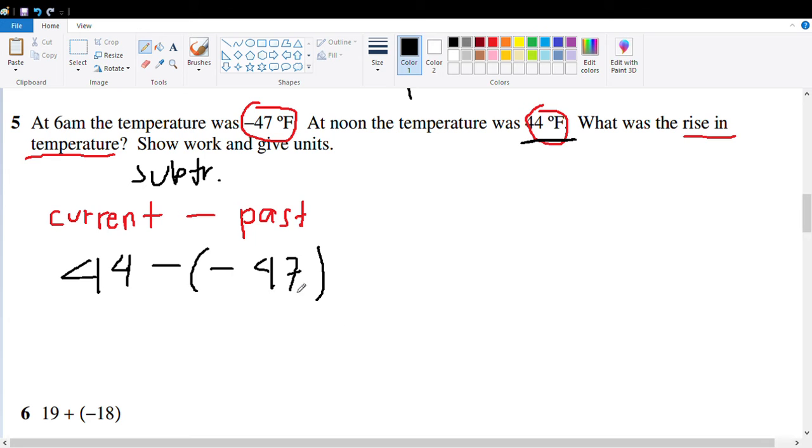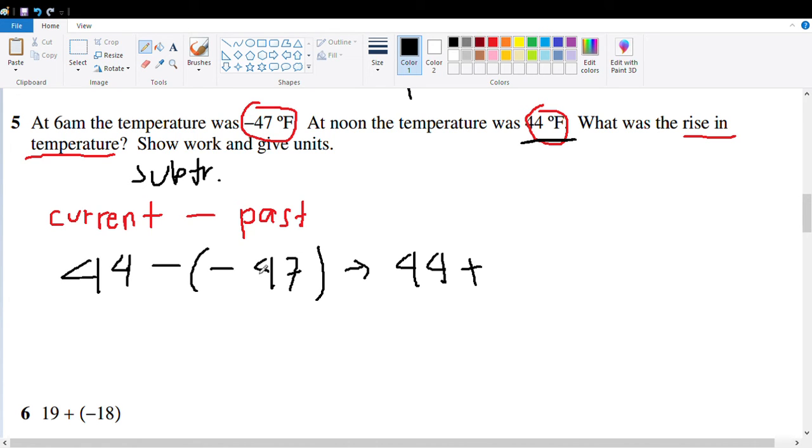So by the subtraction rule of signed numbers, what happens here? 44 stays the same. Minus becomes plus. And what do we do with the second number? We get the opposite of that.